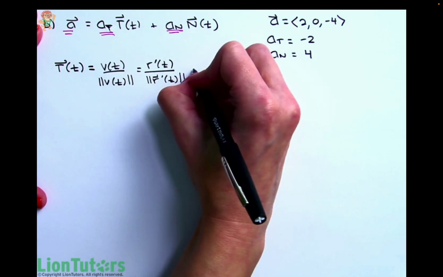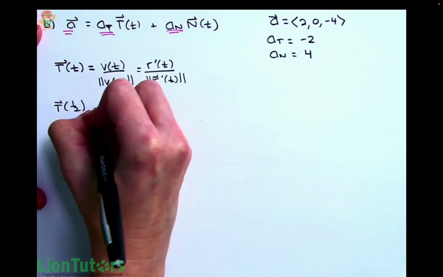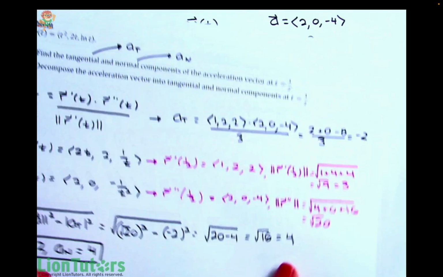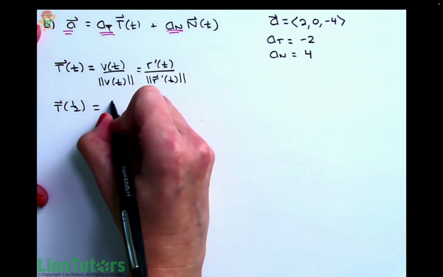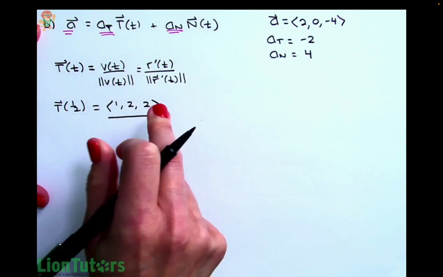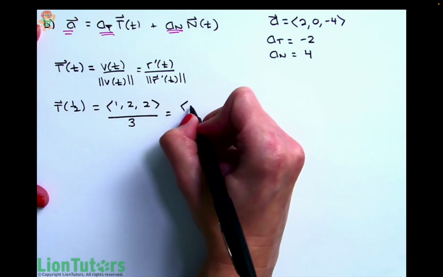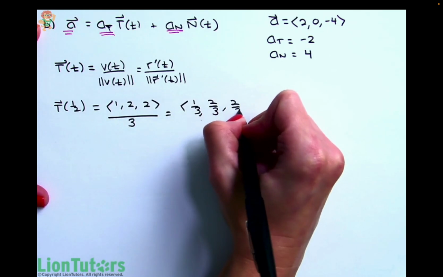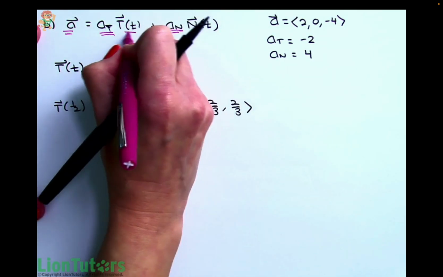So our r prime of 1/2 was 1, 2, 2, and its magnitude was 3. So overall, our T is going to be 1/3, 2/3, 2/3. So that gives us this component here.